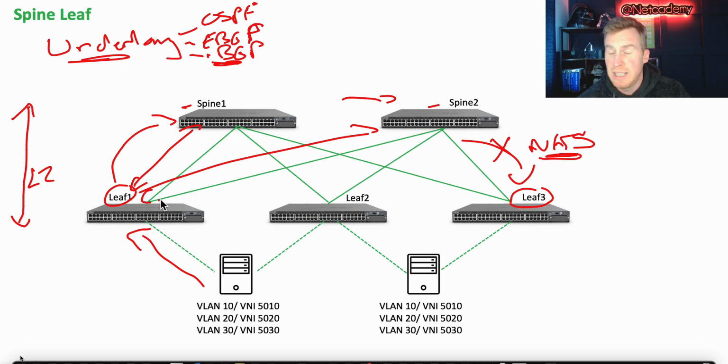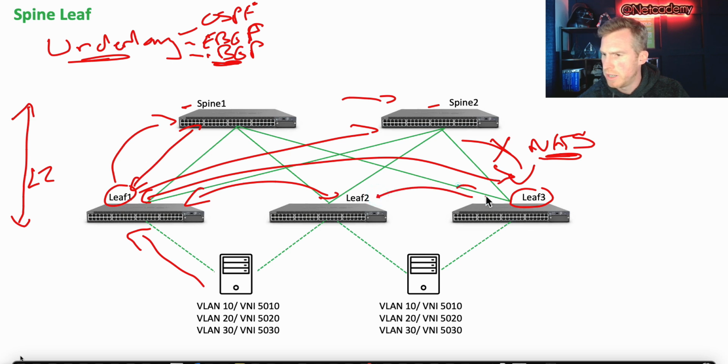Leaf 1 not only needs a connection to spine 1 and spine 2 in terms of adjacency, but it also needs an adjacency over to leaf 3, and leaf 2 needs an adjacency over to leaf 1, and leaf 2 needs an adjacency over to leaf 3, as well as an adjacency up here and down there and across, etc. You can see it gets messy all of a sudden.